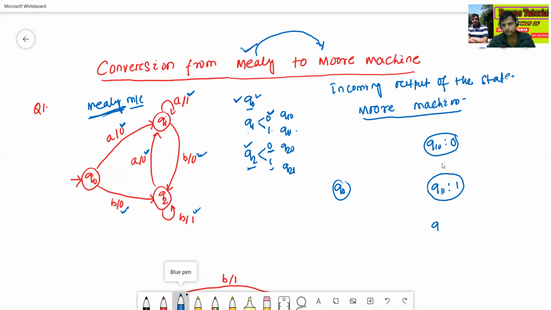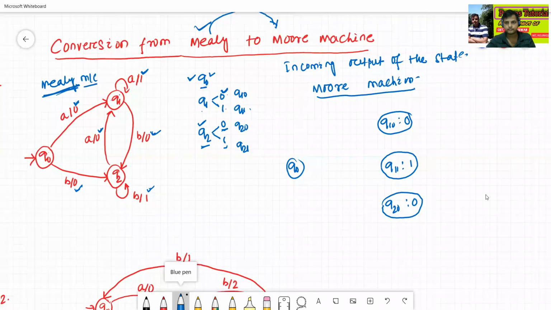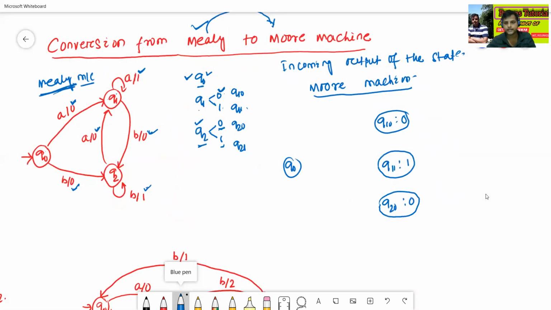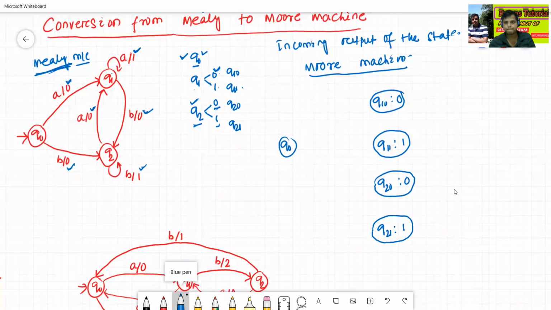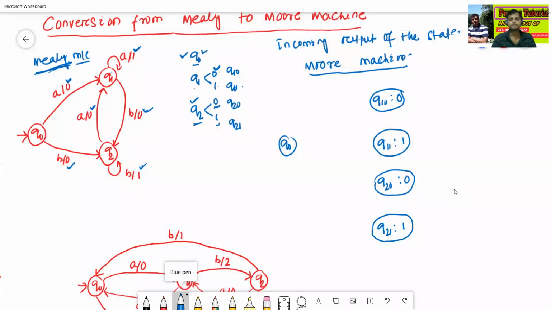This is Q20, its output is 0. Then Q21, its output is 1. Clear? Okay. So Q0 is the initial state.